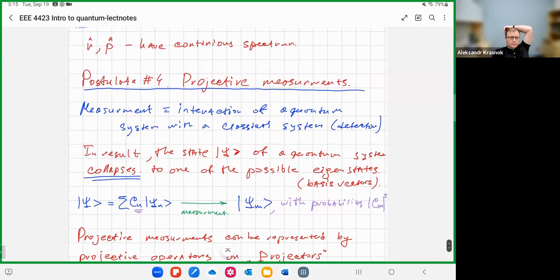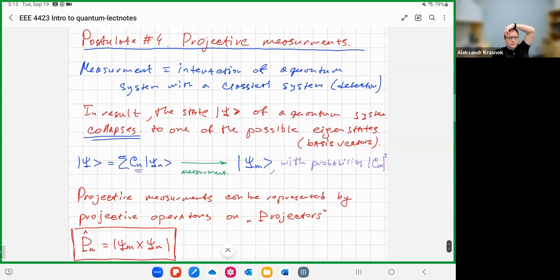The last postulate we discussed last week was about projective measurements. It is essentially about the concept of measurement in quantum mechanics.